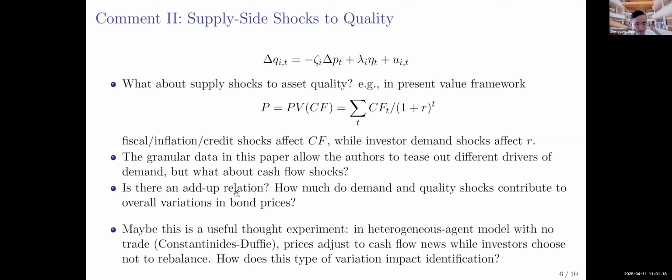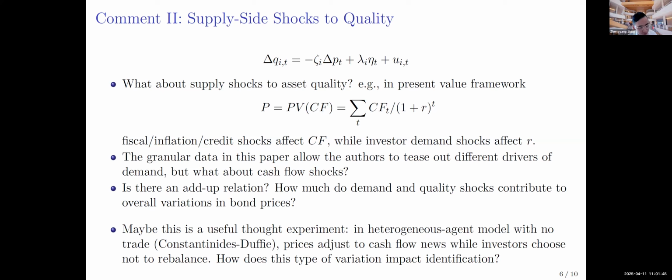So for example, is there an add-up relationship? How much do demand and cash flow shocks together contribute to the realized bond price movements? And I think that's another interesting thing, evaluating whether knowing who rebalances portfolios is enough of an understanding of why the treasury prices move. So I think that's a first order question for all of us in this field.